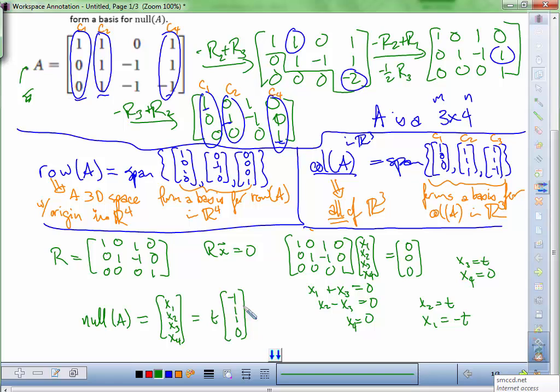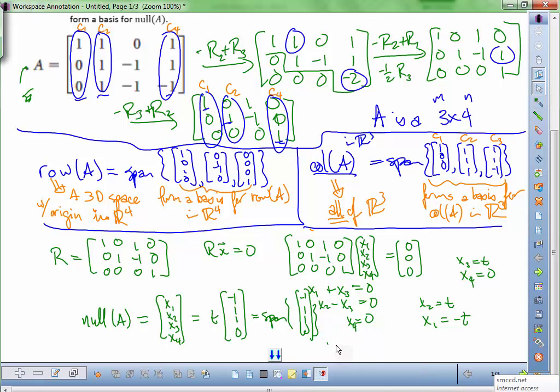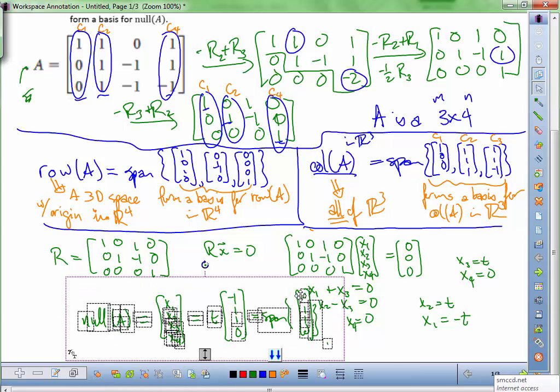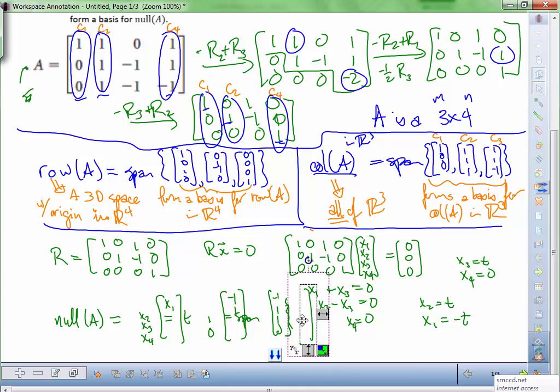If you take this vector, the span of this vector is going to be the null space. Oh, the span.